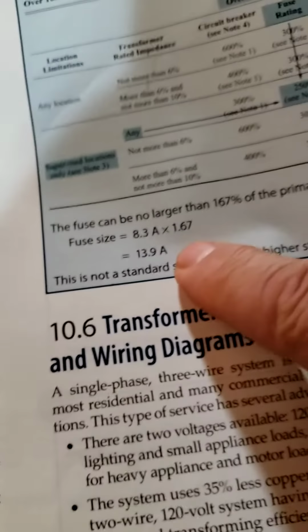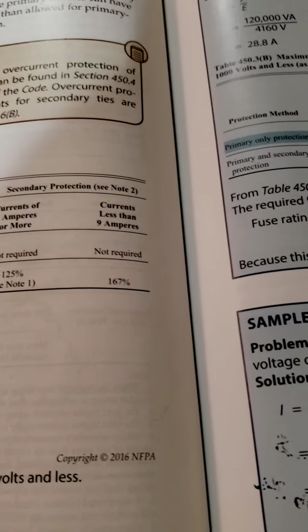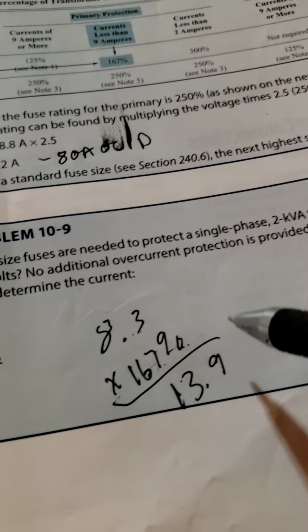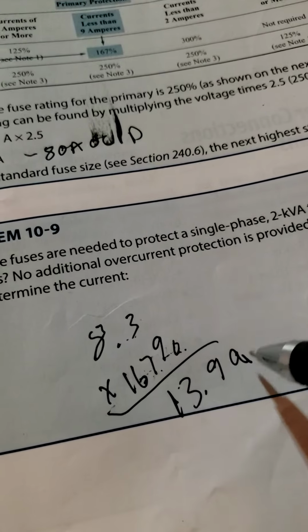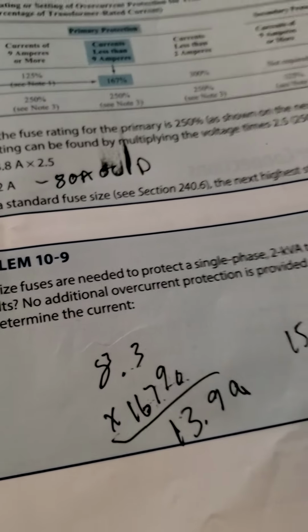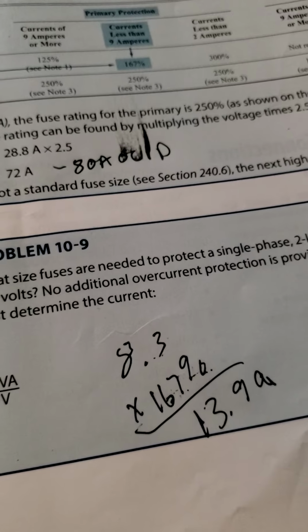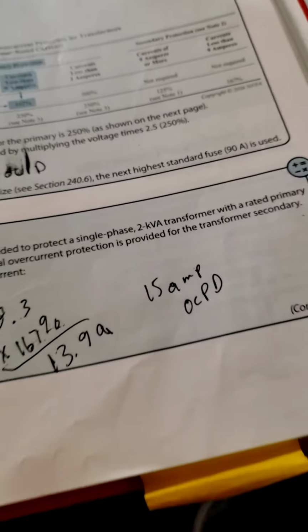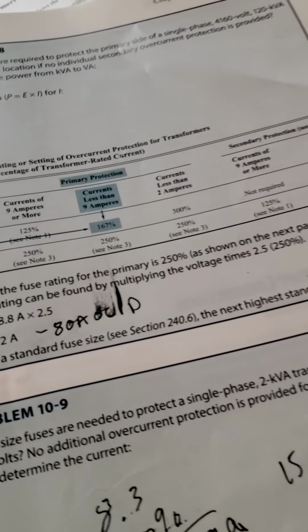And that answer is right here, 13.9. Could be 13.9 amps. So this would be a 15 amp OCPD.